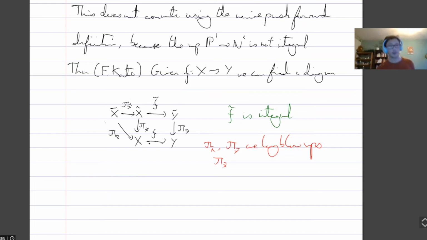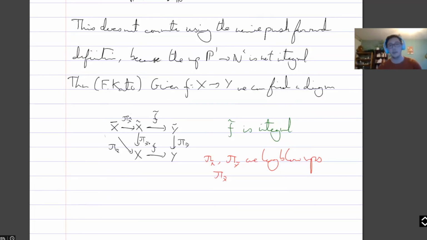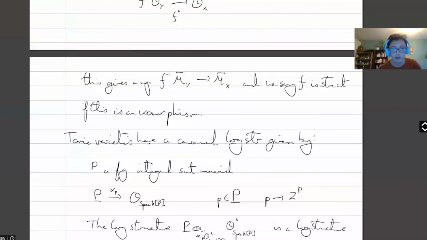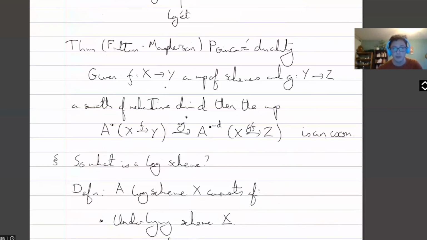But in the end, you can recreate all of the tools that you need for doing intersection theory, and in particular, the proof of the Poincare duality statement is just a devissage argument to get down to working over a point, together with formal properties of all of these maps. So in particular, this also holds automatically.